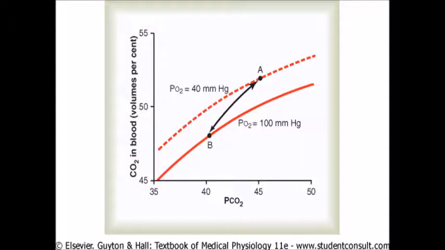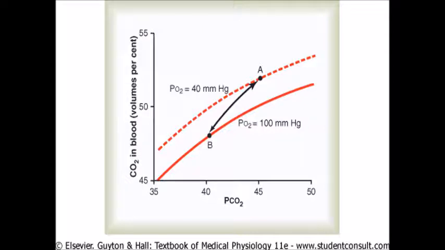Now when you come down, it will decrease, but at the lungs level what happens, the PO2 level is now more. Initially at the tissue level the PO2 was 40 millimeter of mercury, but at the alveoli PO2 is more, it is about 100 millimeter of mercury, and therefore the point is now shifted from A to B. So due to rise in the oxygen level, more amount of the carbon dioxide is diffused.